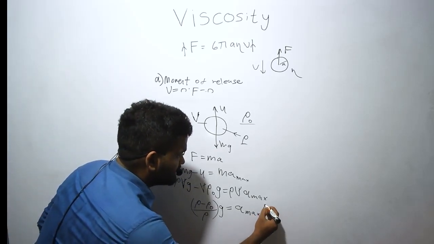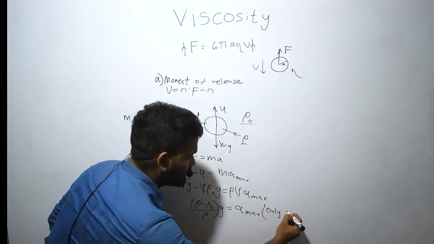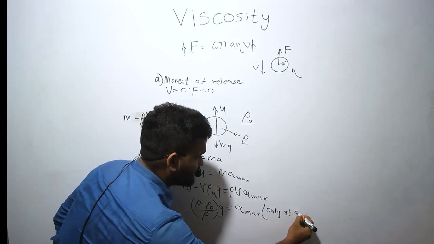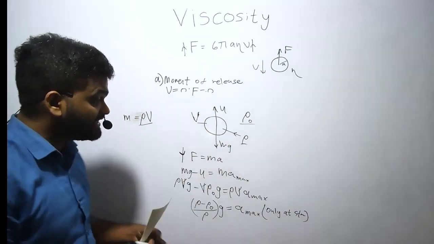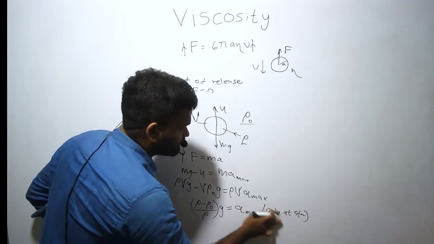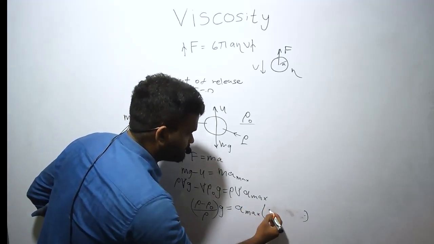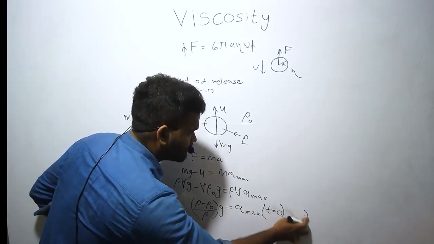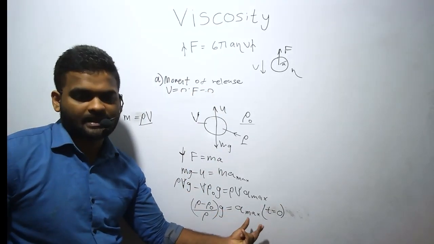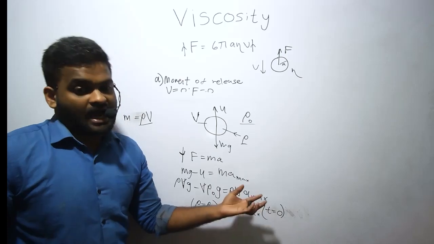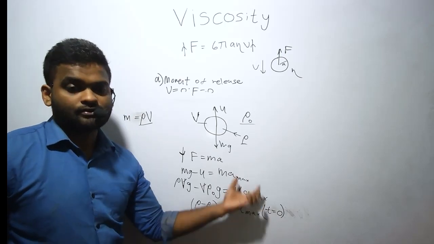Again, I'll tell you this is only at the start. At the start means when t equals 0. It is better to write t equals 0. At the initial moment only, you have the maximum acceleration. But after that, acceleration starts to drop.